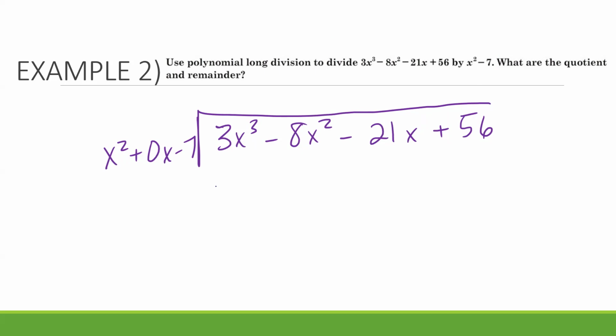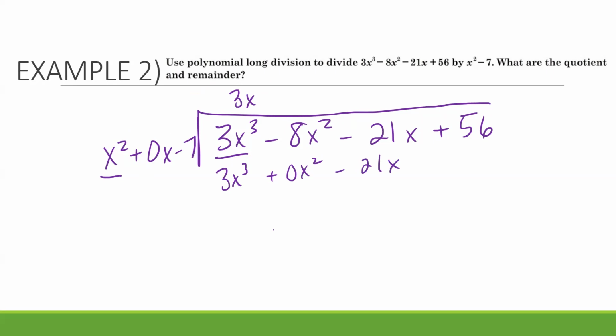All right, let's see how we did. So again, does McDonald's sell burgers? Divide, multiply, subtract, bring down. 3x cubed divided by x squared is 3x. Agree? That's our divide. Now we're going to multiply. 3x times x squared is 3x cubed. 3x times 0 is 0x squared. 3x times negative 7 is negative 21x.